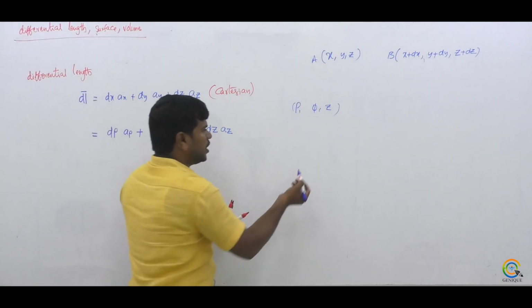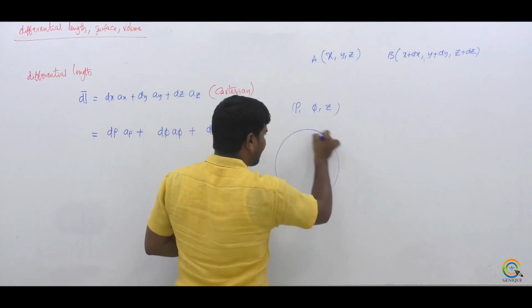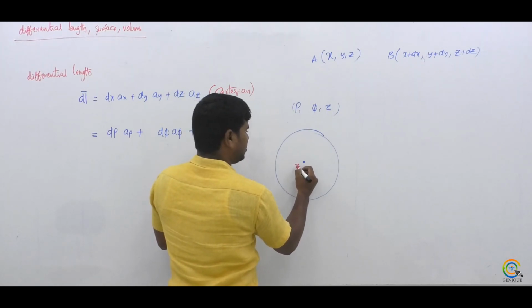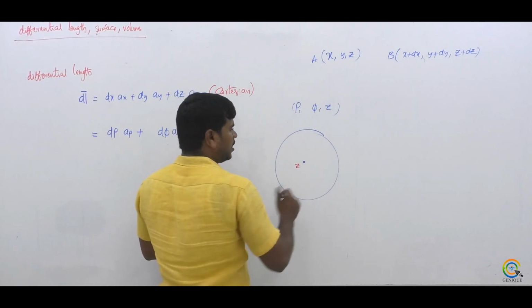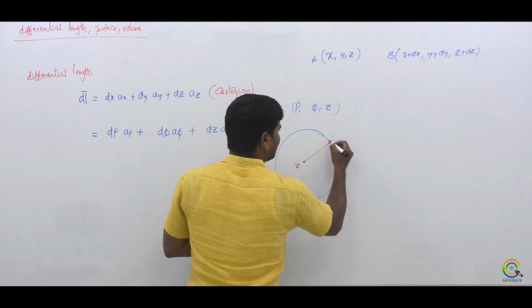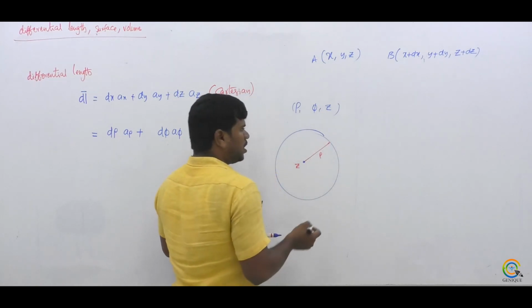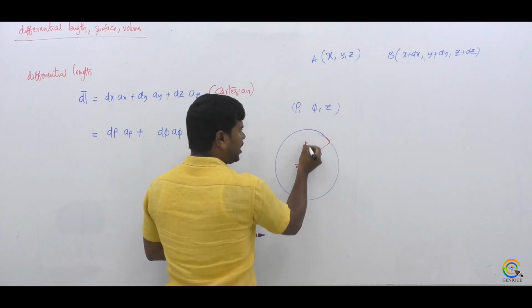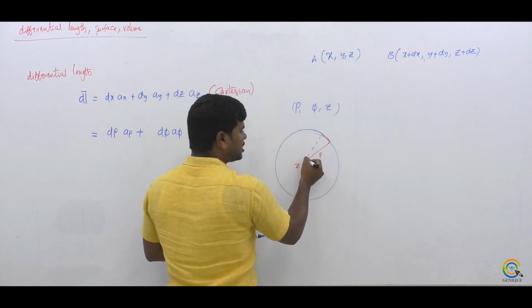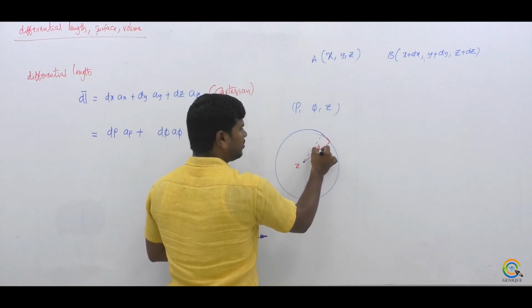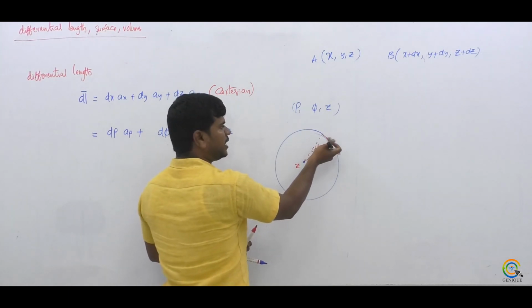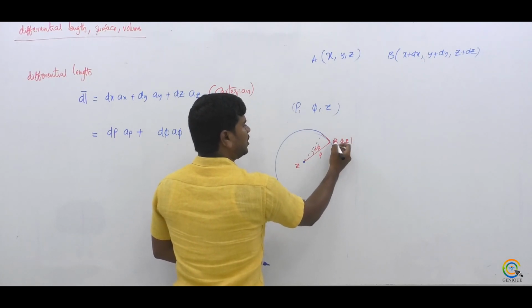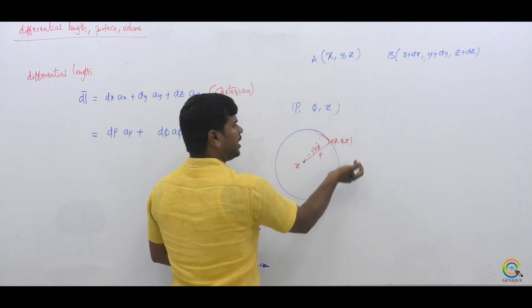Now, observe this. Let us suppose this is the z axis, and this has a rho. Suppose this point is moved from here to here, making an angle, some d phi. This point, which has coordinates rho, phi, z, is transferred from here to here.